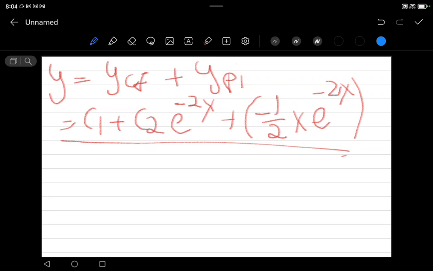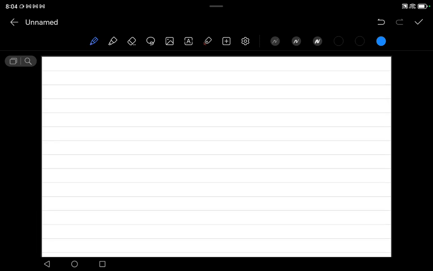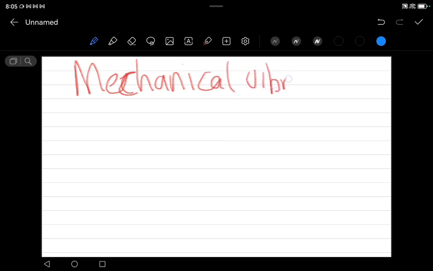Okay, so let's do mechanical vibration just for 30 minutes. Here I'm just going to show you the formulas and then how to draw a graph, because everything is the same as what we were doing on activity 3.4 number C. Mechanical vibration.